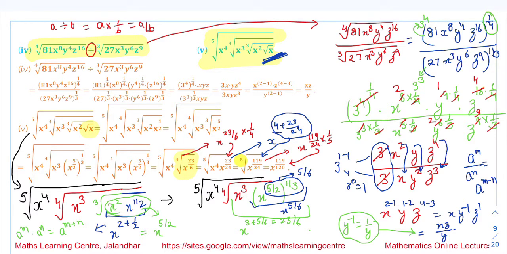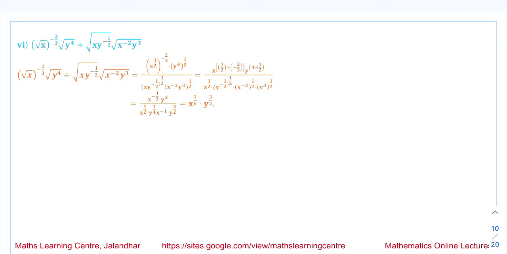Now in the next question we are having square root of x whole raised to the power minus 2 by 3. This is the first term. Then the next term is square root of y raised to the power 4, and divided by this term. Again the same thing is there, that the division sign is there. So what we do, a divided by b is equal to a by b, or you can say it is a into 1 by b.